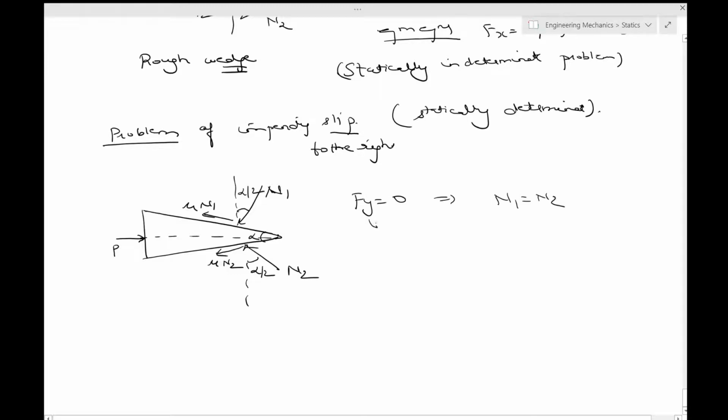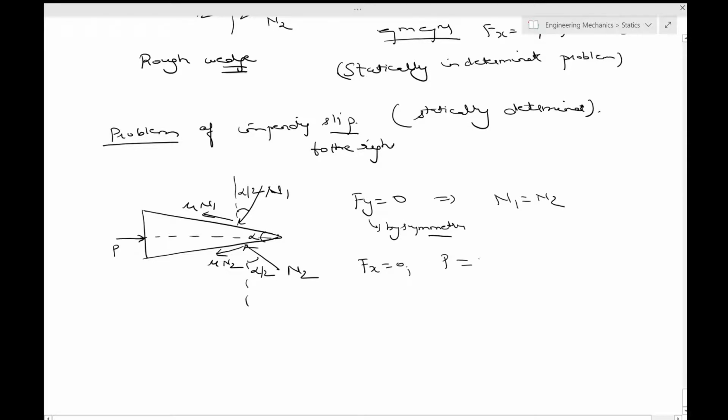This is by symmetry. Okay, I mean, we don't want the wedge to be accelerating in the y direction. So Fx is equal to 0.